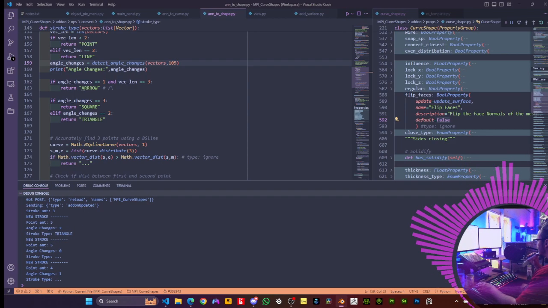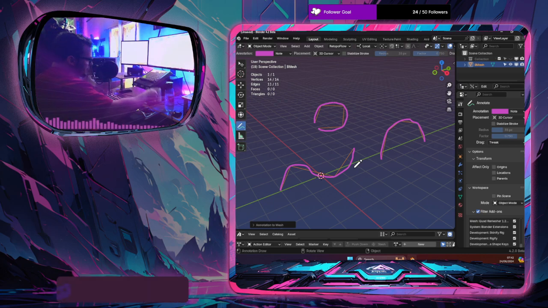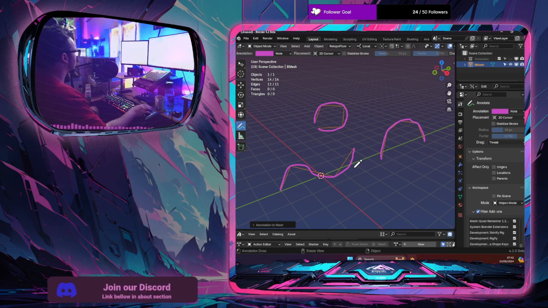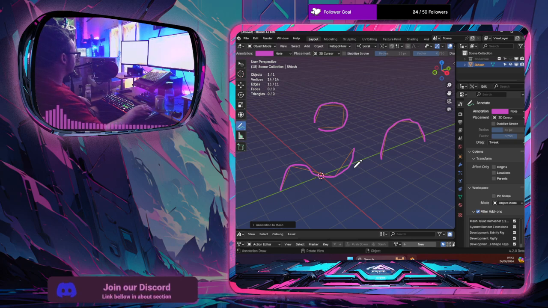Yeah, and the triangle is coming from this crap, because we got two angle changes right there. Here is where that question of asking if the start to end point are bigger than the start to middle point.